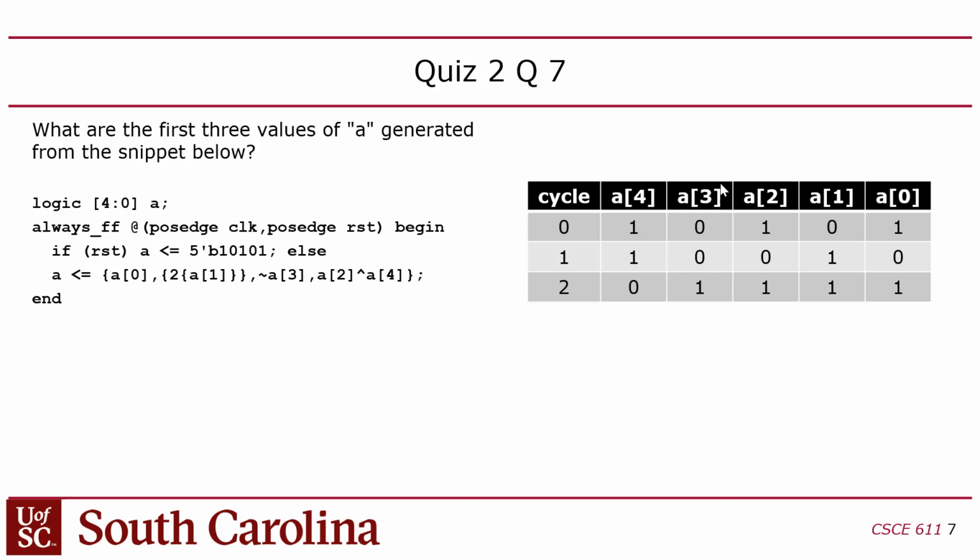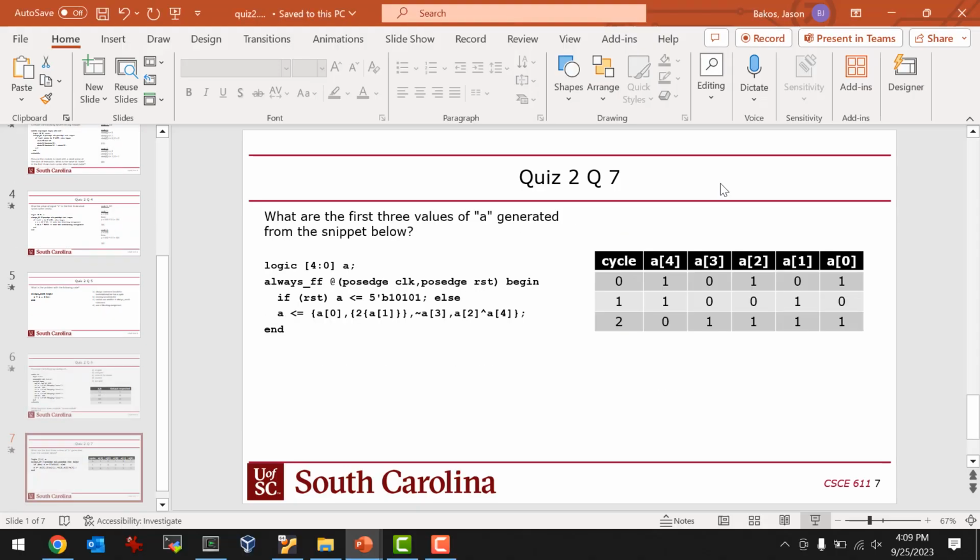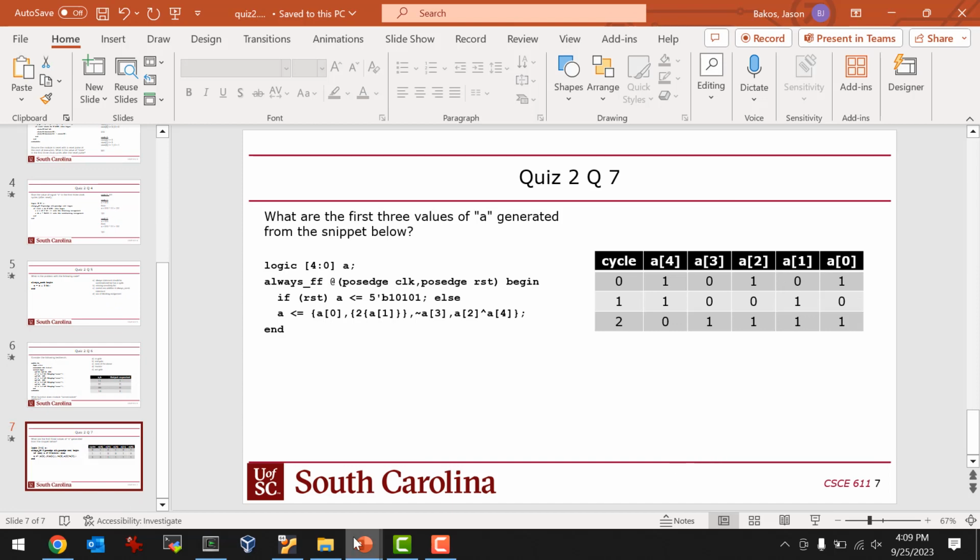And then the complement of A3, which was 0, now will become 1, so that goes from 0 to 1. And bit 2 XOR bit 4, that's 1 XOR 1, that's 0. So that becomes 0, right? Make sense? Okay. All right, that's it. Any questions? All right.